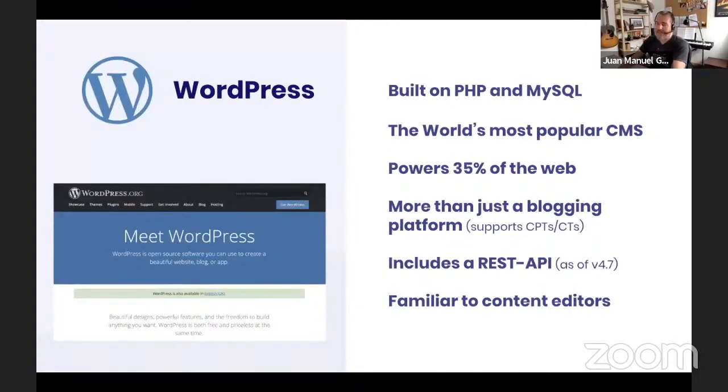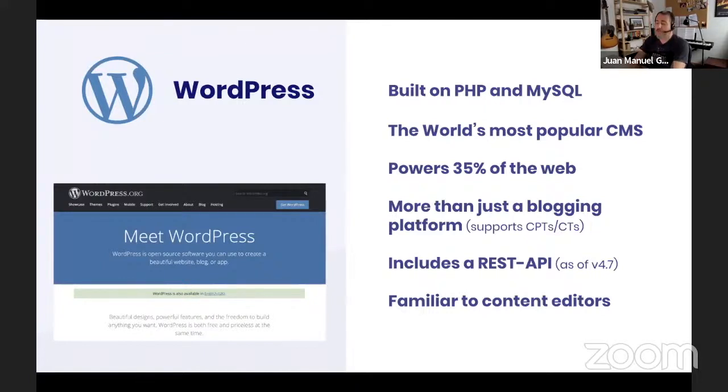Well, WordPress is the most popular CMS. 35% of the web pages are done with WordPress, and you can do a lot of projects with WordPress. You can do blogs, e-commerces, and a lot of directories and a lot of projects.